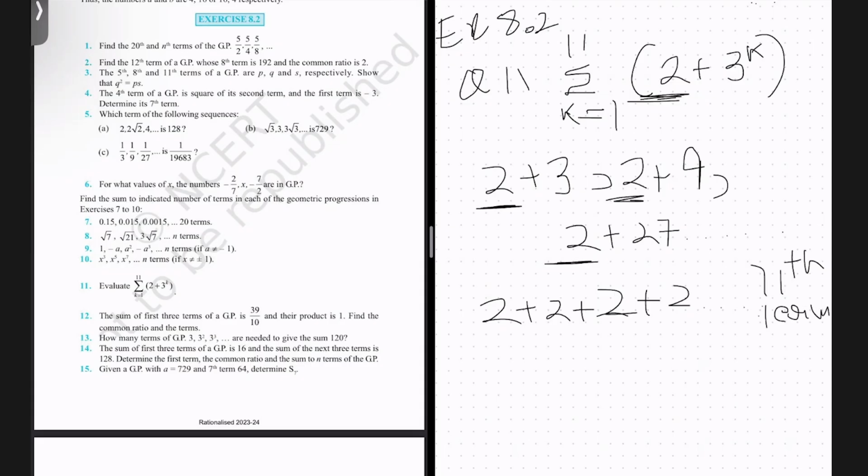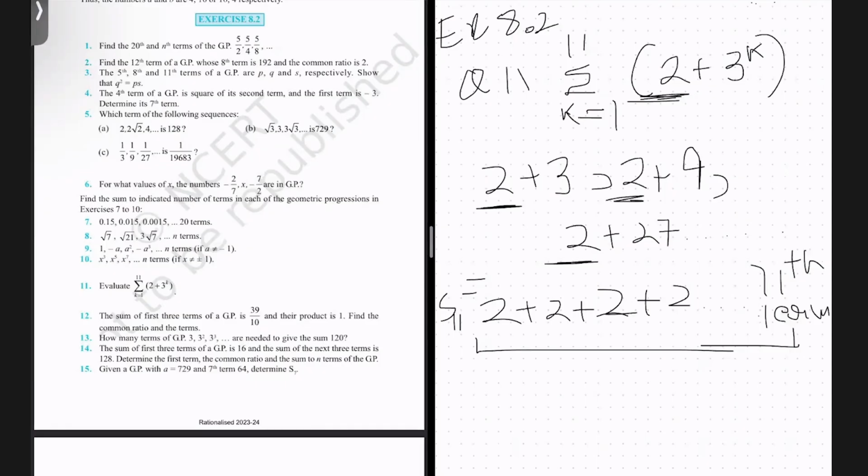I have separated out 2 plus 3 raised to the power k, and that is how I'm going to approach this question. So the first term of S11 is going to be 2 added up 11 times. Very trivial for us to see, because 2 plus 3, then we have 2 plus 9, then we have 2 plus 27 and so on and so forth. 2 is repeating itself across every term, and that is going to be the case for all 11 terms.